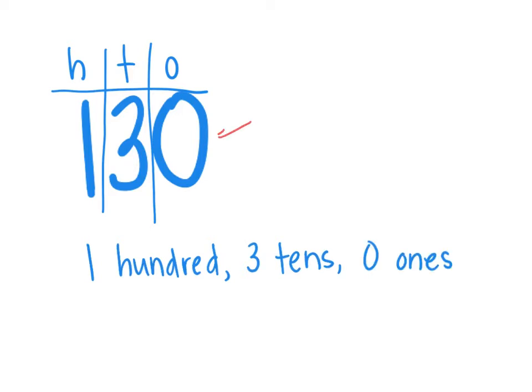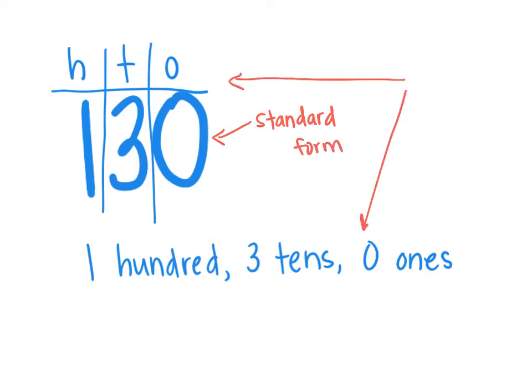Okay, so we so far have this number written in standard form. We've used place value right here and right here. How else do we know to show this number? We can write it in expanded form like we practiced yesterday.